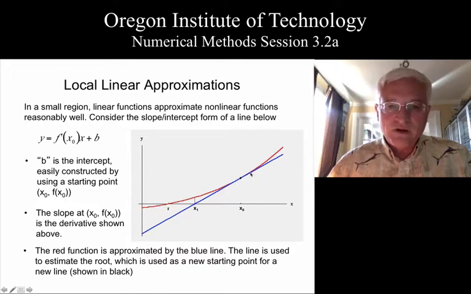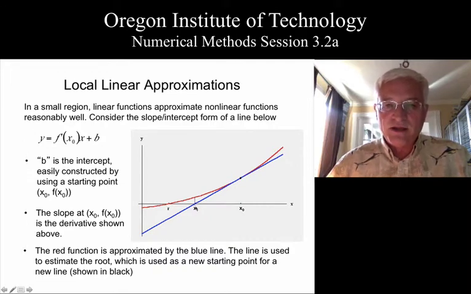What we're after is where this blue tangent line hits the x-axis. That would be the root of the linear equation, not necessarily the root of the curve, but hopefully close, or at least closer than where we started. Upon doing that, we can very easily predict where the blue line hits the x-axis.